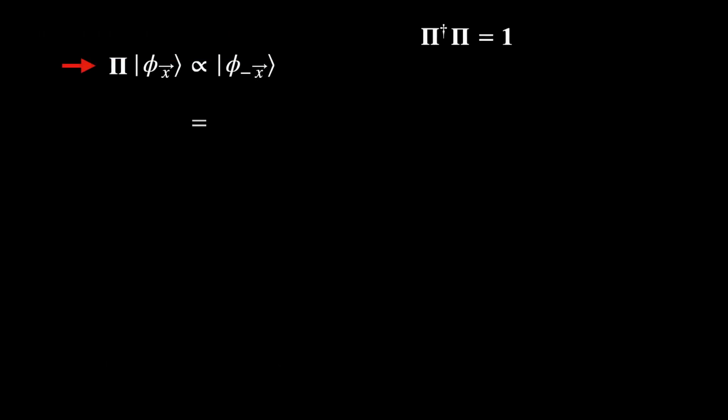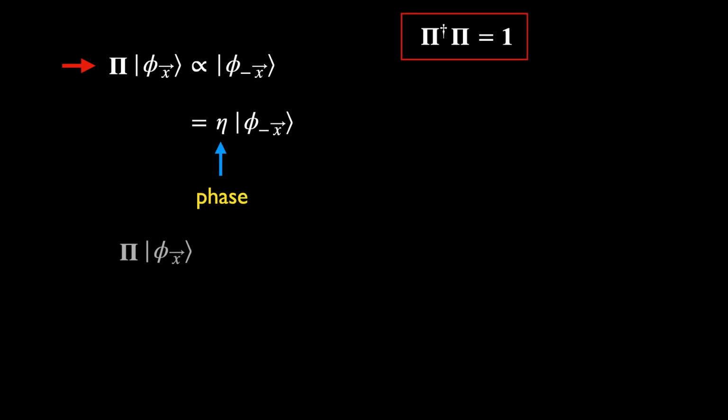Now let's discuss the phase factors that may result from parity transformations using the position states as example. First, let's show that the constant of proportionality, eta, is really a phase. This is the consequence of the unitarity of pi.